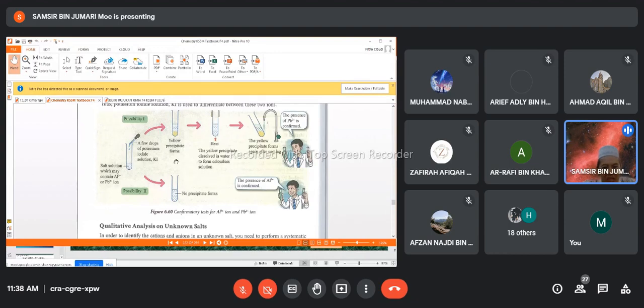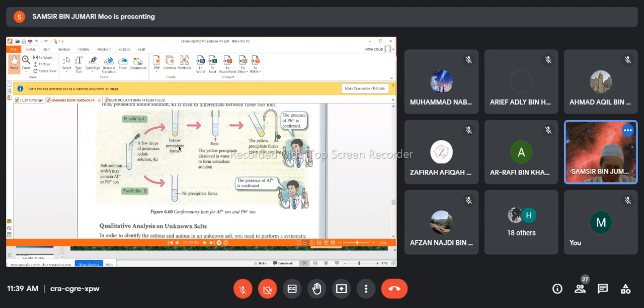Okay. The first one using the potassium iodide solution. Okay, we will find that yellow precipitate will be formed. If yellow precipitate form in the test tube, it means that yellow precipitate is the insoluble salt.